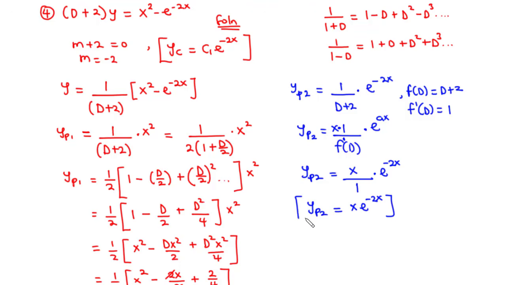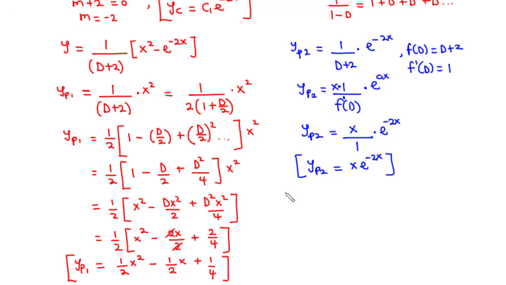So this is yp2. Therefore we have yp equal to yp1 minus yp2. So that is 1 over 2 x squared minus 1 over 2 x plus 1 over 4, and then minus x e to the power negative 2x.